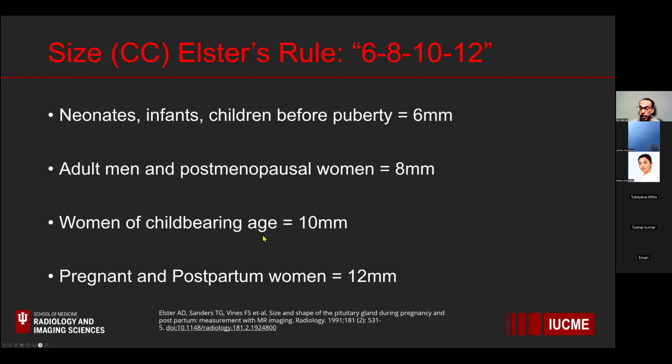Women of childbearing age, because of the hormonal changes, the gland increases in size and becomes 10 millimeters. And when the person's pregnant or postpartum, it can be as big as 12 millimeters. So it's important to keep these size criteria in mind, because just because the gland is big doesn't mean it has a mass. It just could be because of hormonal changes from pituitary hyperplasia. So very important concept to keep in mind.